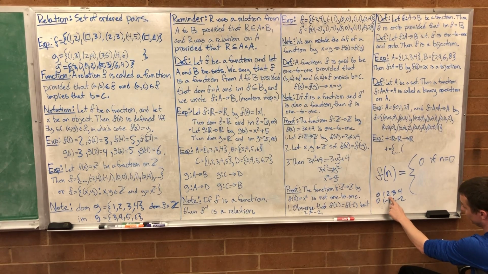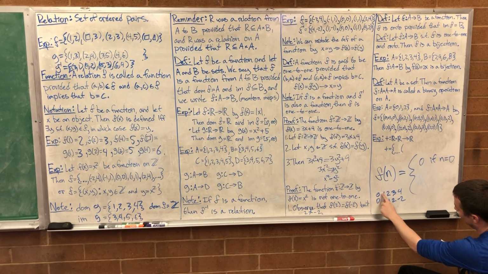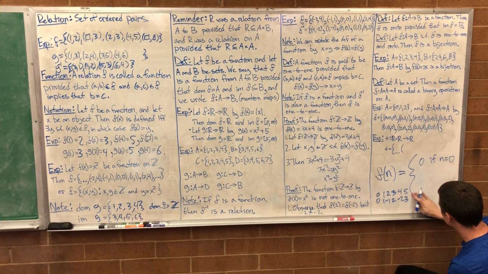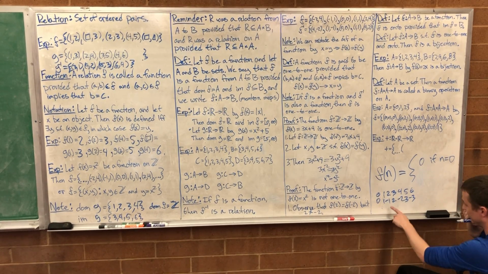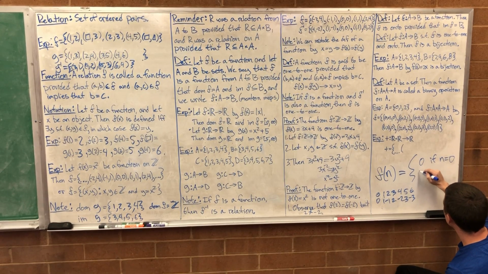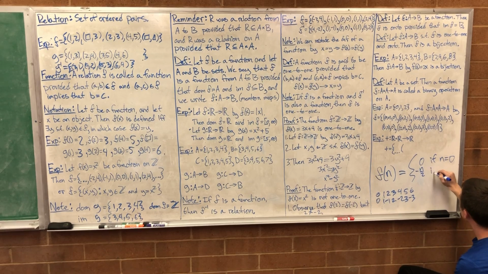So if it's odd, what's the pattern there? 5 goes to 3, and 6 goes to negative 3. So I see what the negatives are. Divide by 2, so let's wrap the negatives real quick: negative n over 2 if 2 divides n, if n is even.